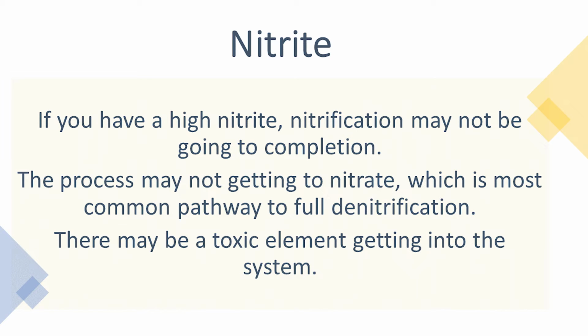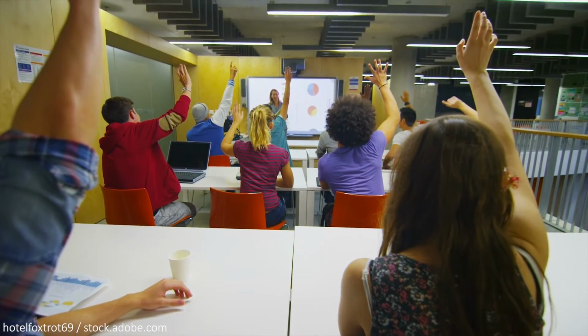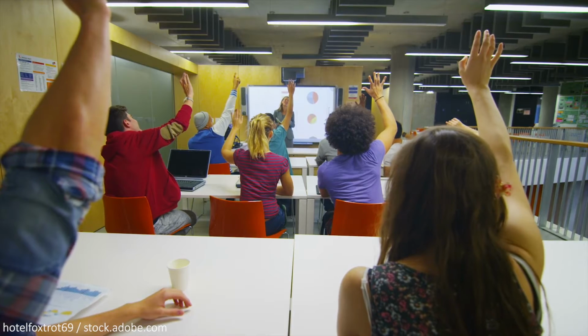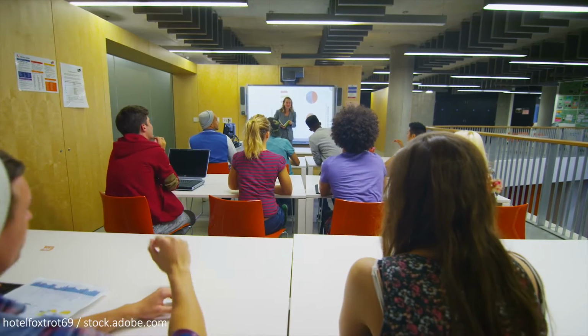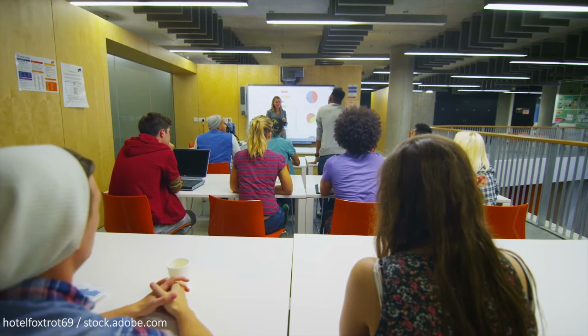Then you might suspect that there's some toxic element getting into the system that's stopping that second part of the process. And that's very diagnostic, for instance, at schools. When a system isn't working, they might see high nitrite because there's some quaternary ammonia being used to clean floors, and that's toxic. So it would stop the process midway.